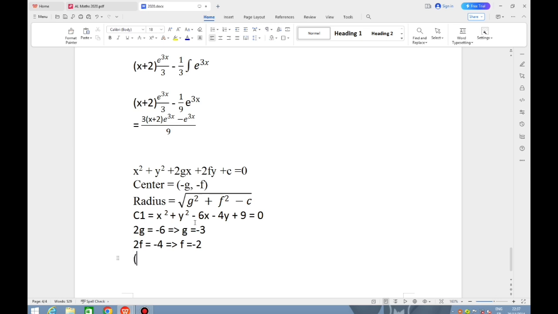Now the coordinates of the center is simply equal to negative g, negative f. So that's going to be 3, 2. These are the coordinates of the center of circle 1, C1.